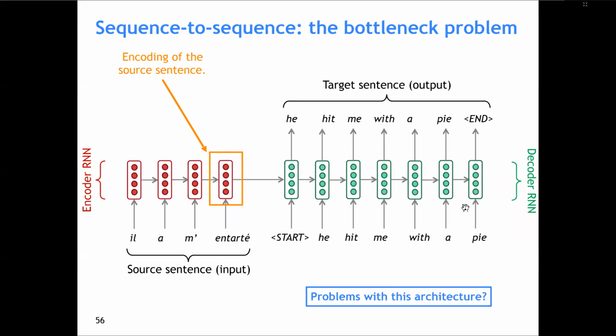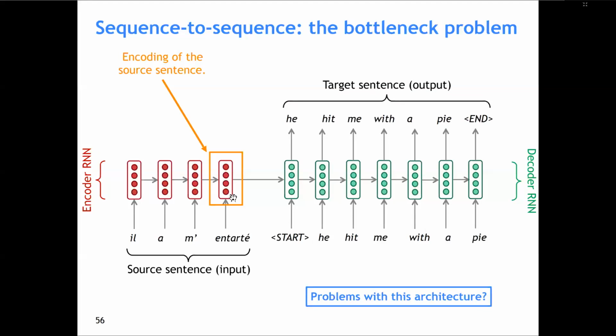So what is the problem with this architecture? Basically, you just encode your source sentence into a vector representation in the end, and then use that vector representation as the initial state for the next RNN. You can see that the bottleneck is here, because you really depend on the final hidden state to reliably represent all the information of your source language.